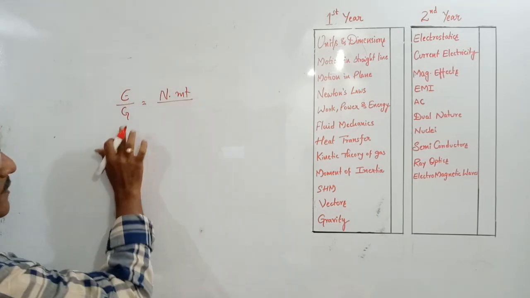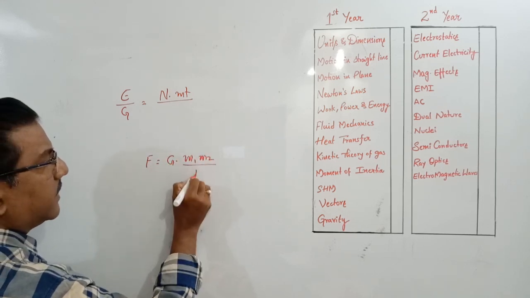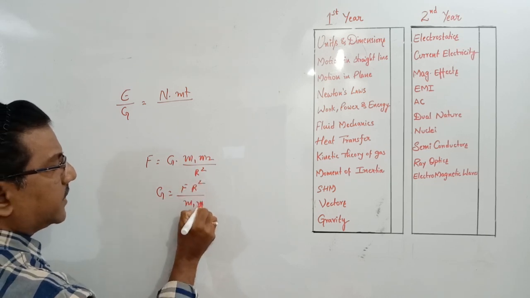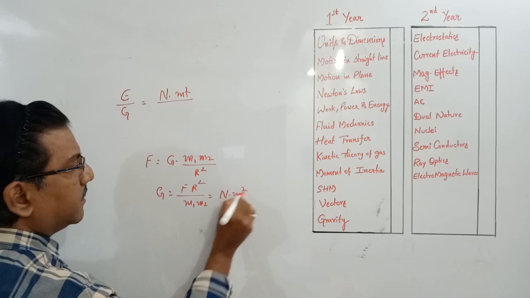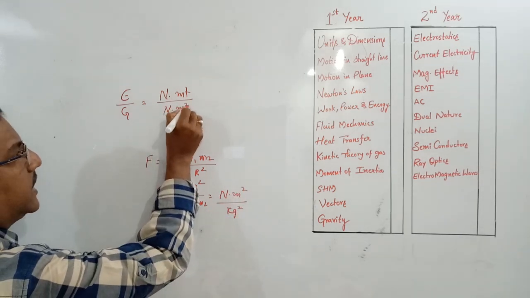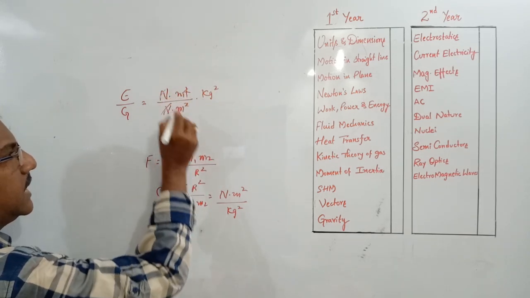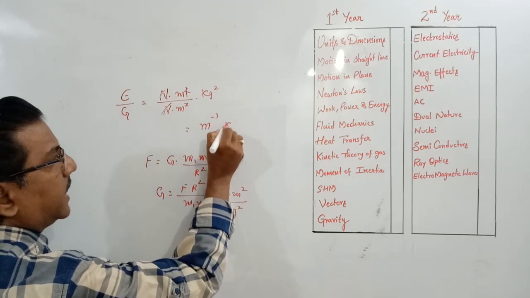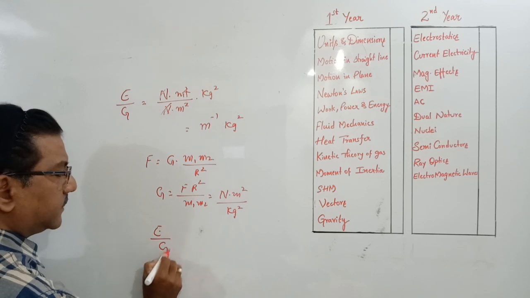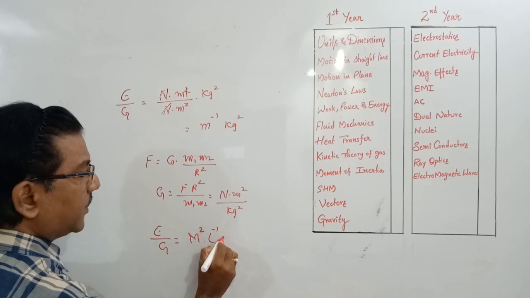F is equal to G m1 m2 by r square, then G is equal to F r square by m1 m2. Newton meter square per kg square. Cancel, and there is left m to the power of minus 1 kg square. Write the dimension: kg square, m square, L to the power of minus 1.